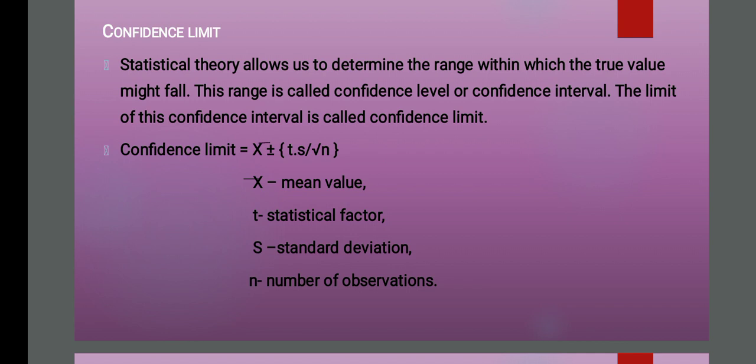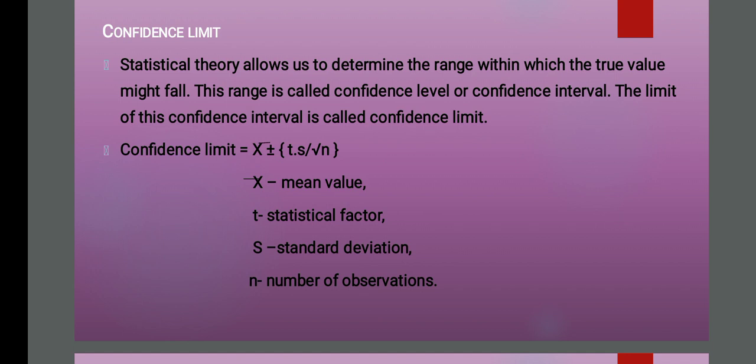That range is called the confidence level or confidence interval, and this interval we call the confidence limit. I'll repeat. The range can be determined using a formula, and using that we can find the range of the confidence limit, and this limit we call the confidence limit.